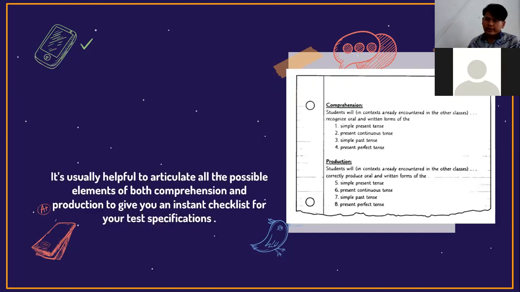Next you can see the two examples, comprehension and production, and the explanation. You can read it on screen. It is usually helpful to articulate all the possible elements of comprehension and production to give you an instant checklist for your test specification.